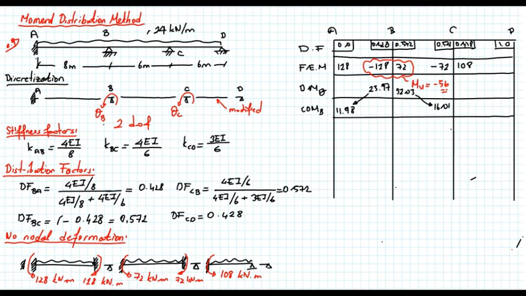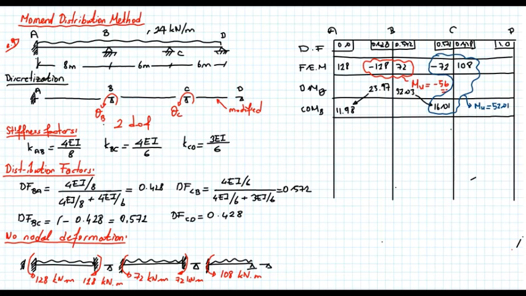Now after that cycle, the node B is in equilibrium, but we still don't have any equilibrium at node C. So let's calculate the unbalanced moments. So these two moments are due to the applied loads, and 16 kilonewton meter is due to the rotation at B. So the total unbalanced moment, I just add all of them, is equal to 52.01.